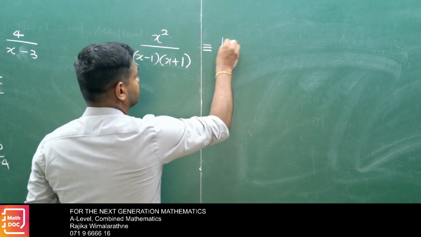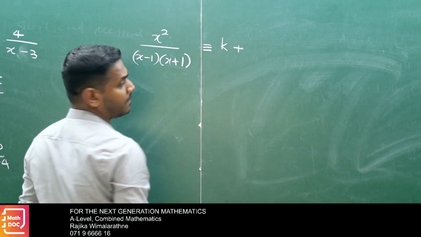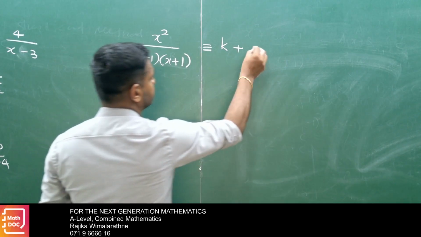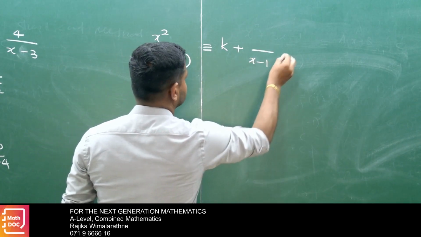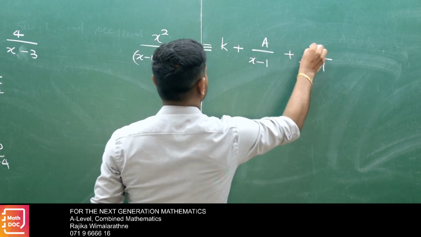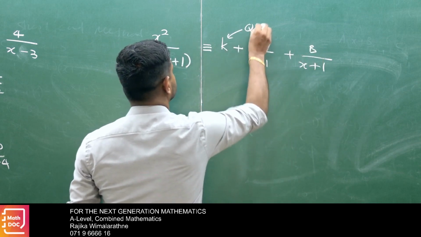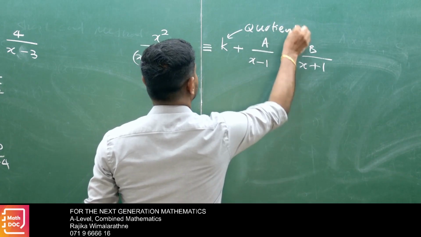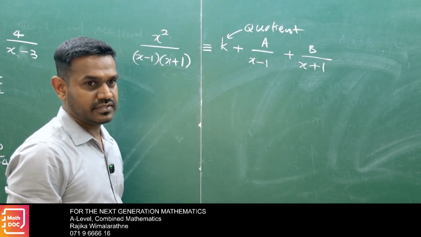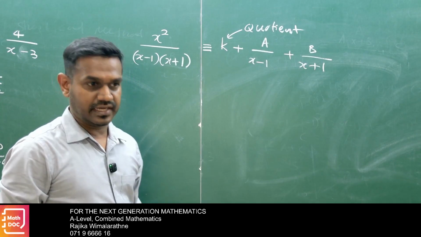Then you put the quotient as a constant k. And for the other part, we have two factors. You write the usual technique: x minus 1, x plus 1, here a, here b. This is the quotient. That quotient you can obtain by long division, but without long division also we can get it using the division algorithm.